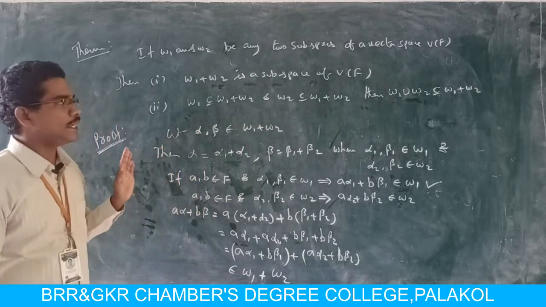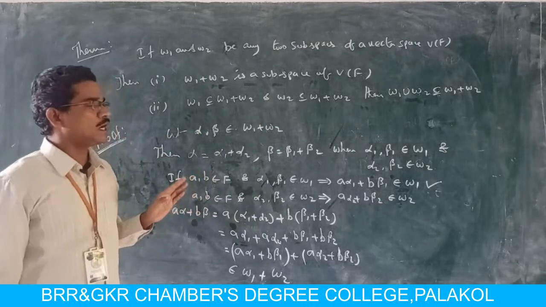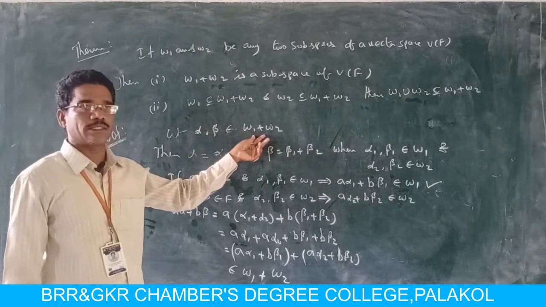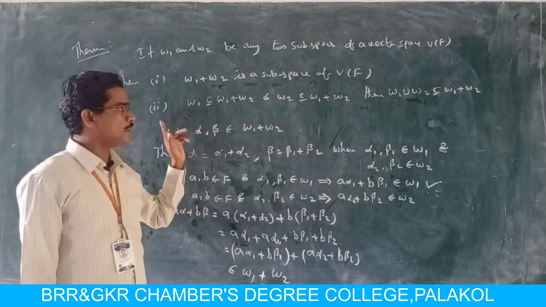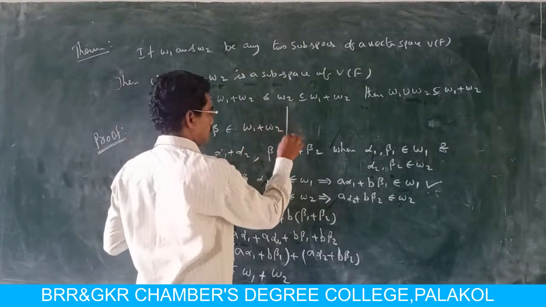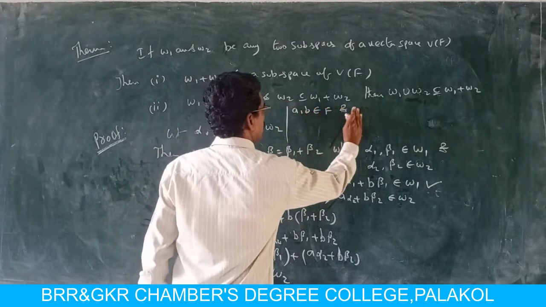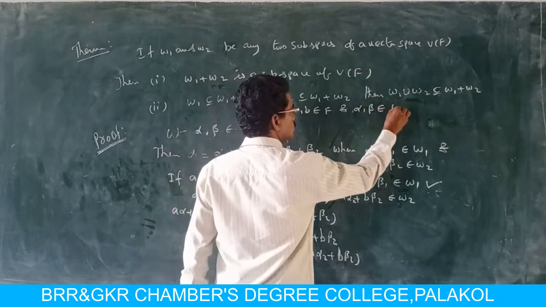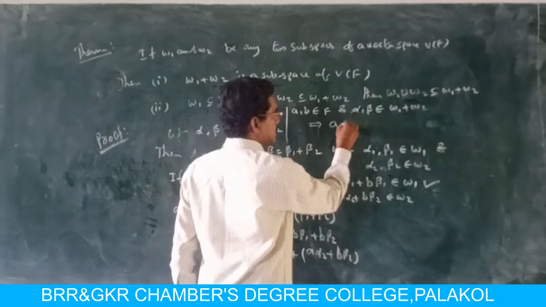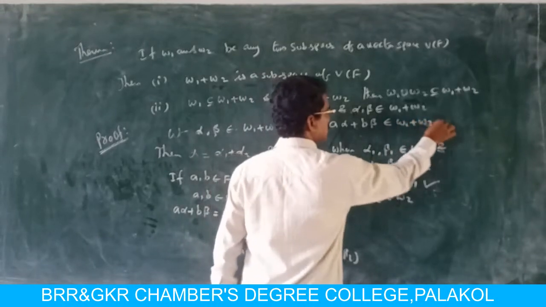Already we know that a, b belongs to F, and alpha, beta belongs to W1 plus W2. Now a, b belongs to F and alpha, beta belongs to W1 plus W2, by using the definition, implies a alpha plus b beta belongs to W1 plus W2.